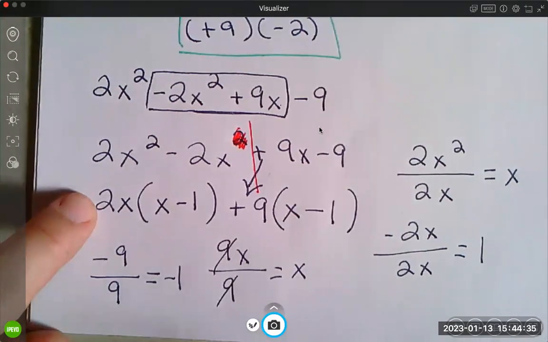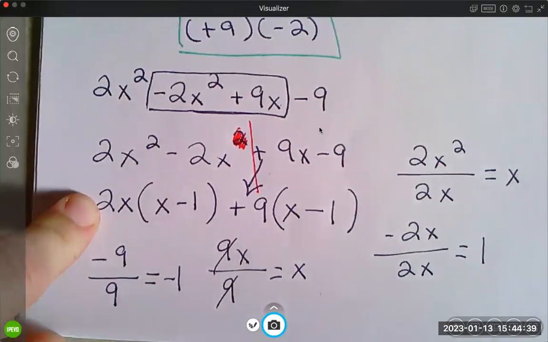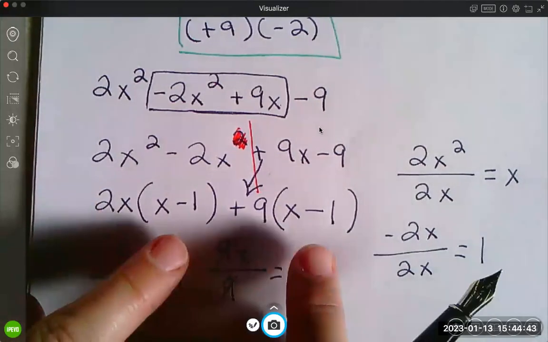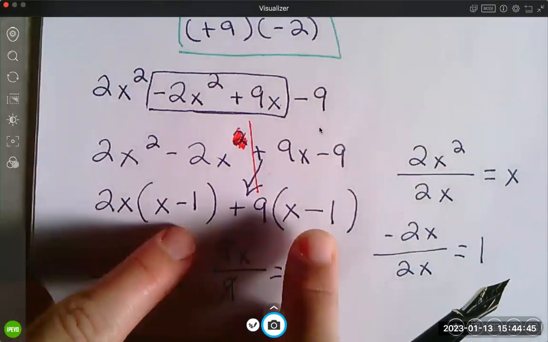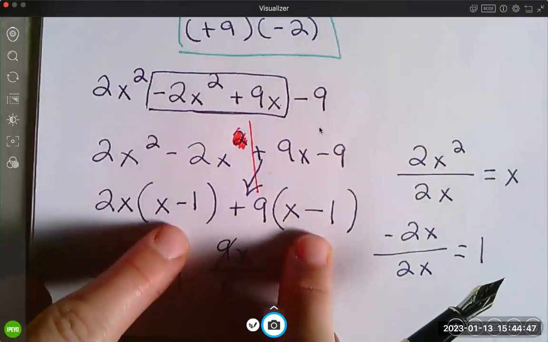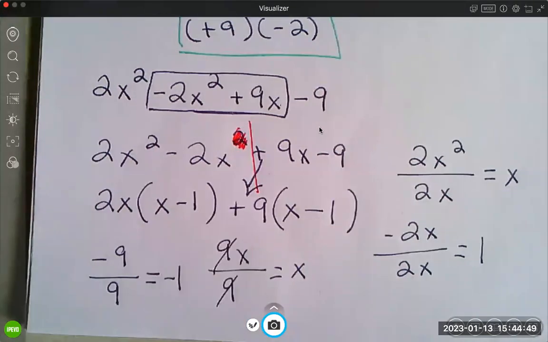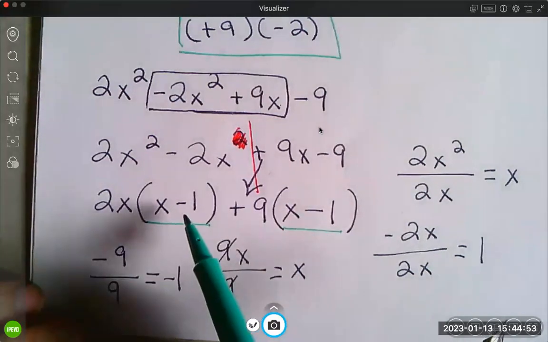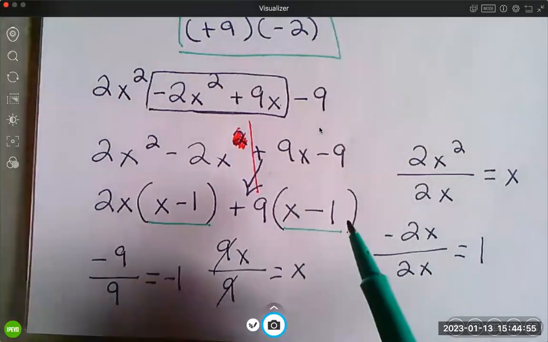So this is the first step of now we're going to factor. Now you know you're on the right track when these two factors in parentheses are identical twins. They need to be exactly the same. If one is plus and one is minus, you did something wrong, you factored it wrong.